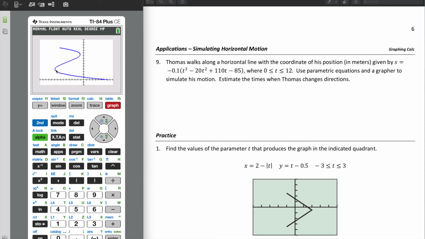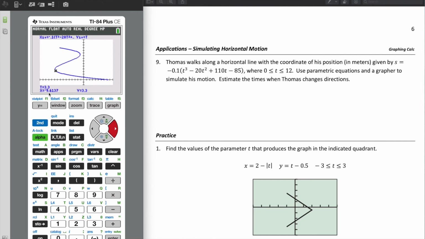So we can see right here, it stopped going to the left and now started going to the right. And then right here, we can visually very easily see that they've now changed directions again and are walking back towards the left. So when we hit trace and we go to find those values, it's much easier to visually see what's going on. And we have one last thing that we can do, which is we're talking about horizontal distance here.